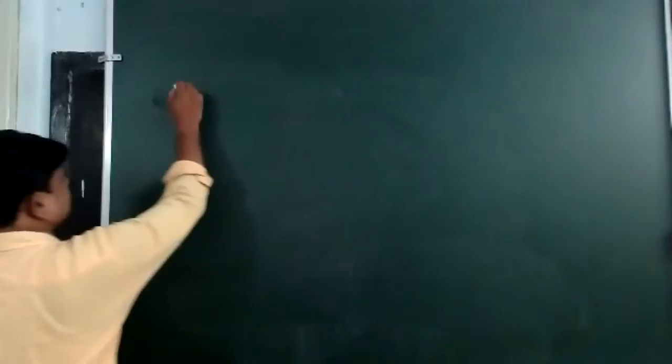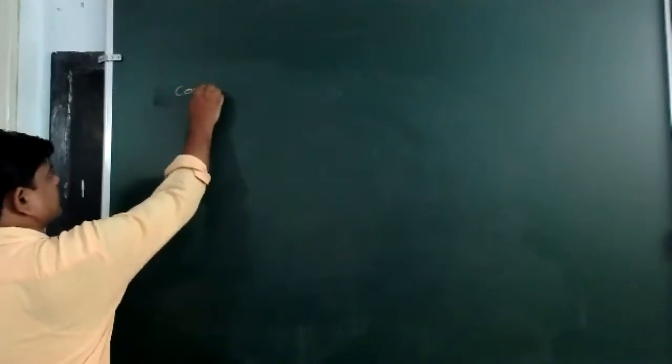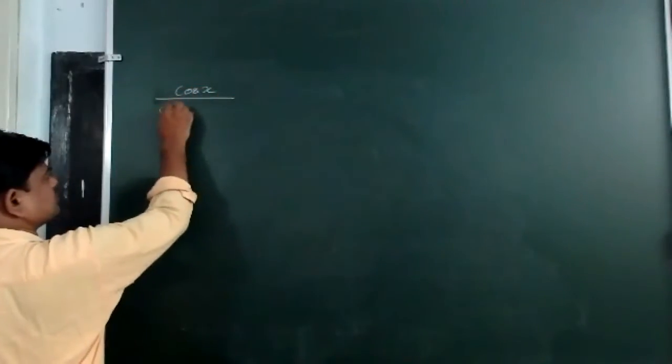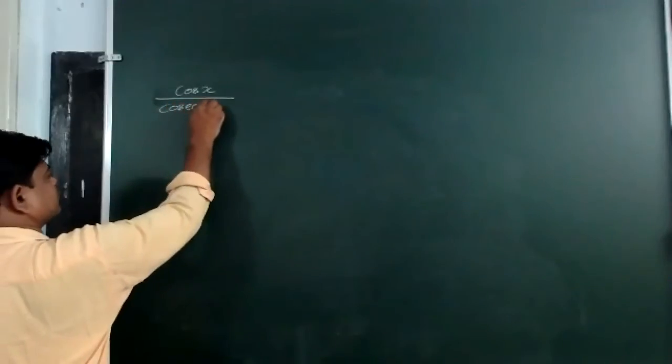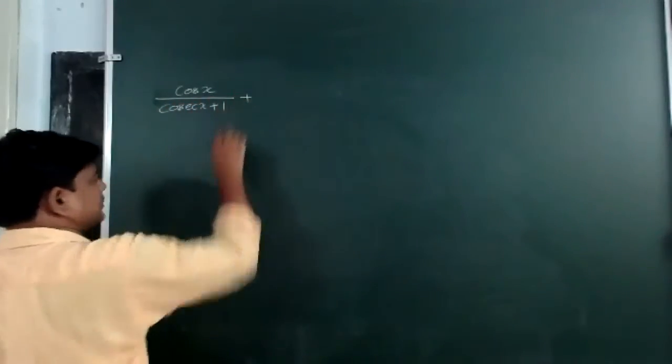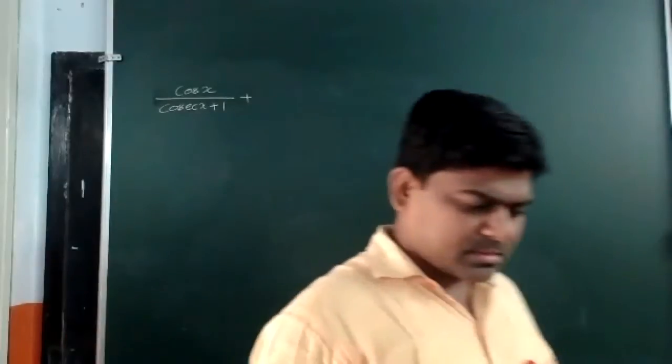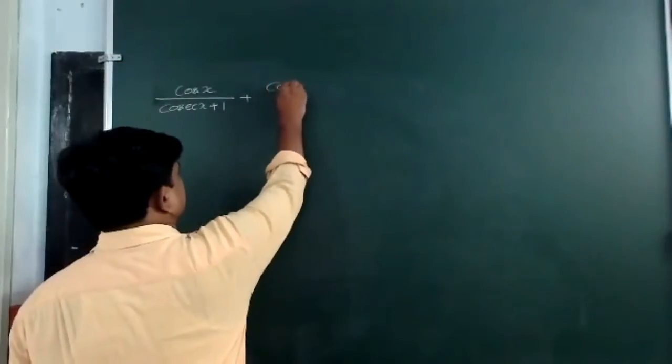We are having here cos x upon cosec x plus 1 plus cos x upon cosec x minus 1.